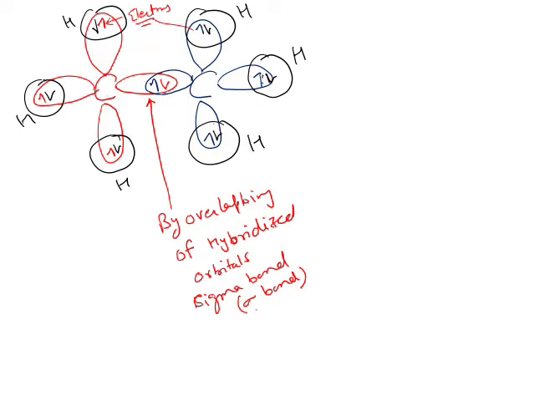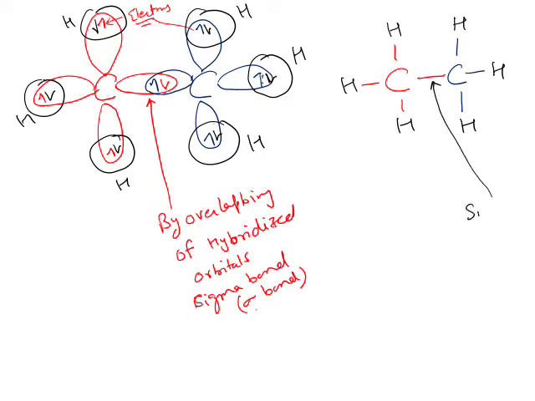So this is sigma, so I can draw exactly the same structure, something like this. Right, and we call this bond a sigma bond. This is the notation for how we normally draw a sigma bond.